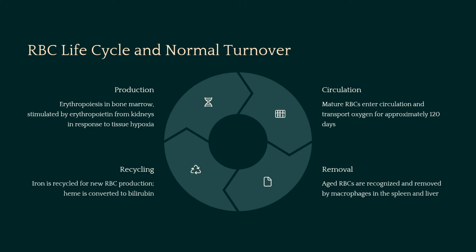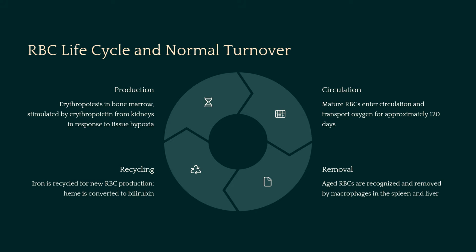In an adult human being, it happens in the red bone marrow, and it is stimulated by erythropoietin, a particular substance produced in the kidney. After production, it goes to the circulation. Part 2 is circulation, where mature RBCs enter the circulation and transport oxygen for approximately 120 days. So these 120 days are the total lifespan of a mature RBC in the circulation.